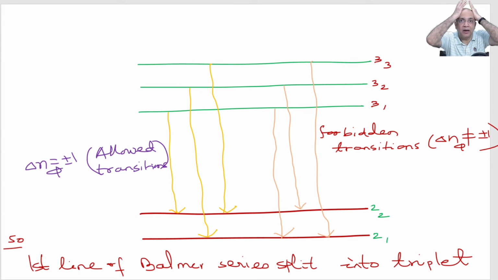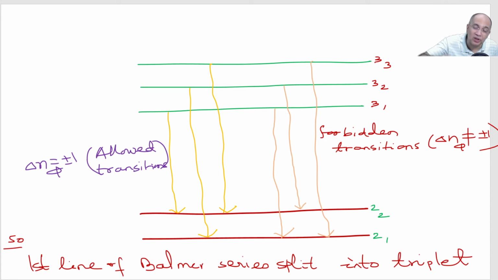Then Sommerfeld thought what to do, what modification now I have to do so that it will match with the experimental finding. Then he proposed a selection rule. Without knowing its logic, he proposed that the transition where the change in the azimuthal quantum number is not equal to plus minus 1 is forbidden transition.